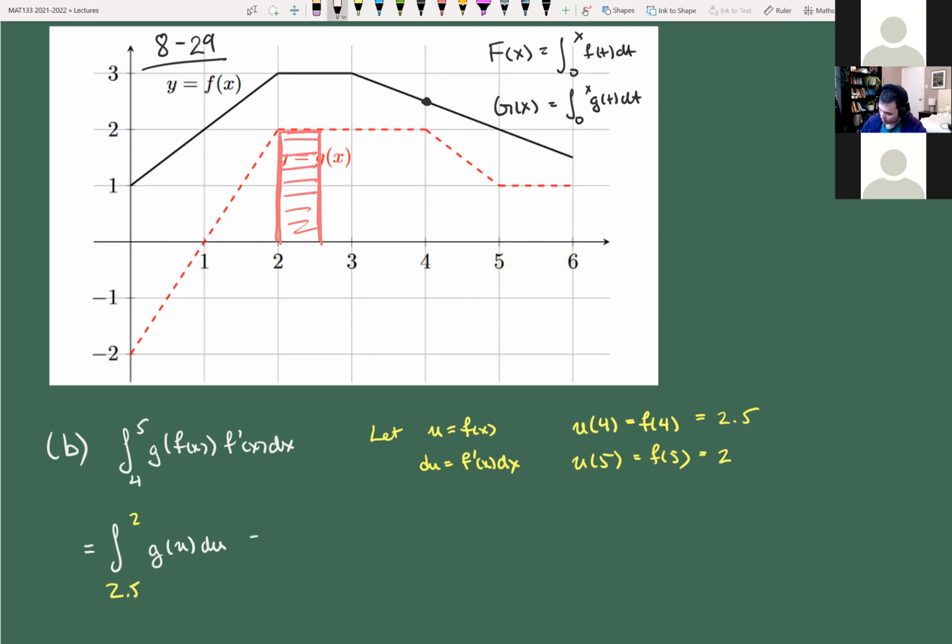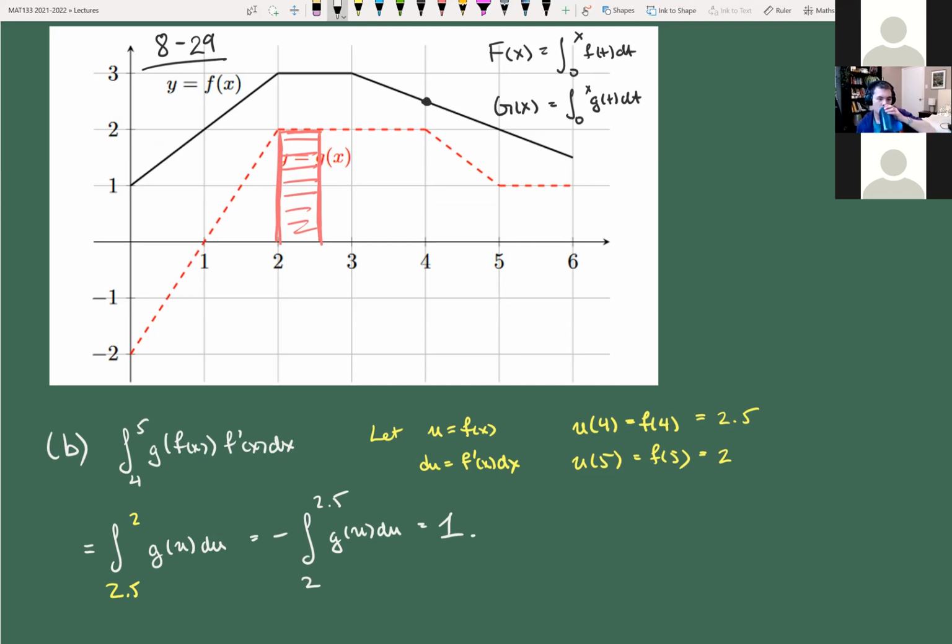So this is going to be negative the integral from 2 to 2.5. And that's just going to be equal to 1. Yeah, thanks, Agam. I caught it before I saw your message, but I'm glad that you're keeping me honest. And Brandon, exactly, it's half that length. The width is just a half, the height is 2, so 1/2 times 2 is equal to 1. And there we go.